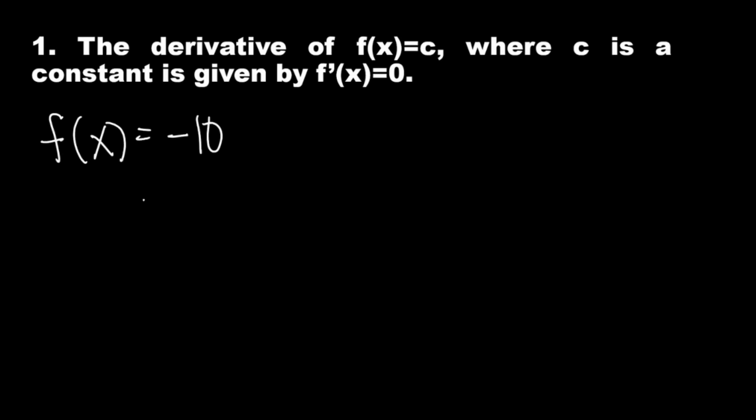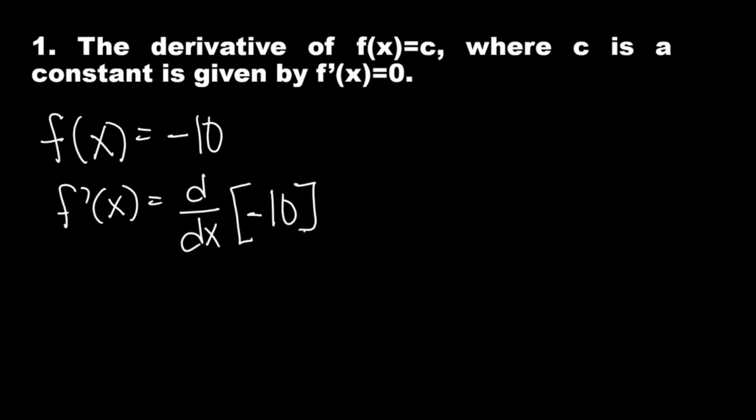So example, f of x is equals to negative 10. So let's find the derivative of negative 10. So we have f prime of x is equals to d over dx, or the derivative operation of negative 10. So the derivative of negative 10 is equals to 0.